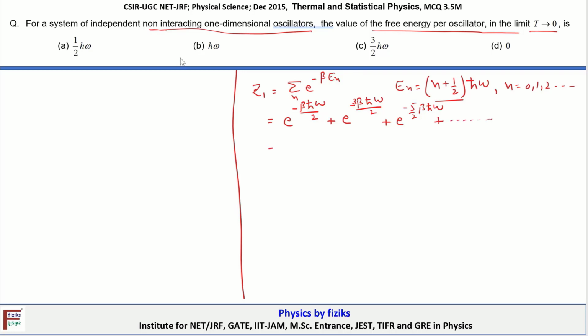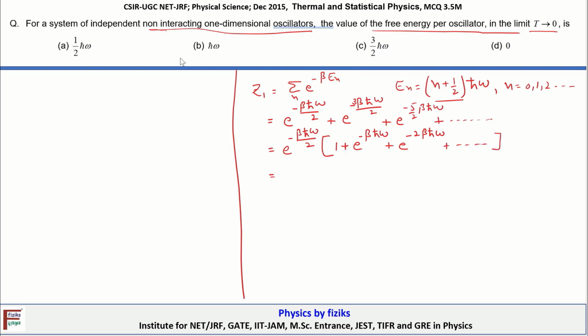Okay, so from here we can take exponential minus beta h cut omega by 2 outside, and then inside the bracket we will be left with 1 plus exponential minus beta h cut omega plus exponential minus 2 beta h cut omega plus so on.